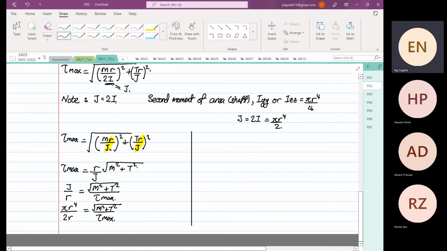Right, so you can cancel the radiuses. Not cancel the radiuses. Come on, J. So this will become R cubed.